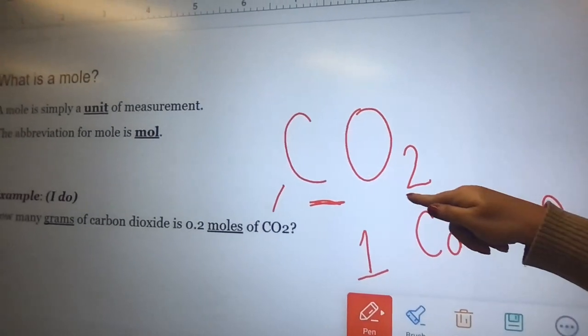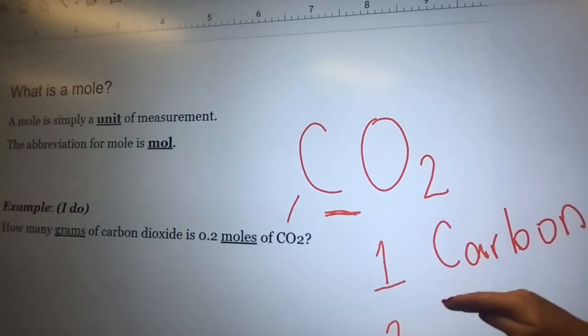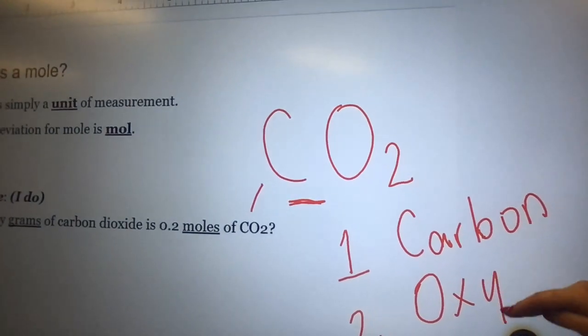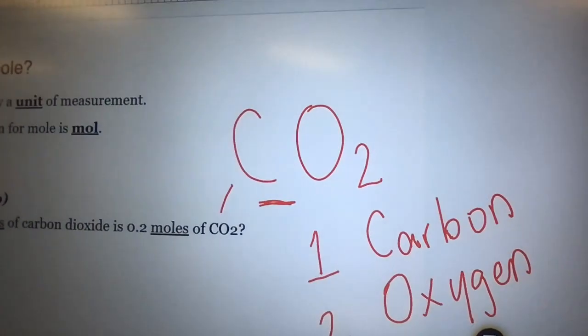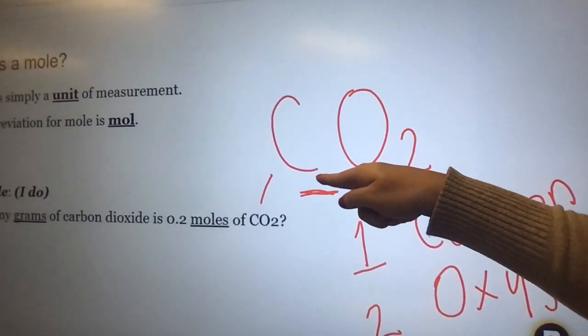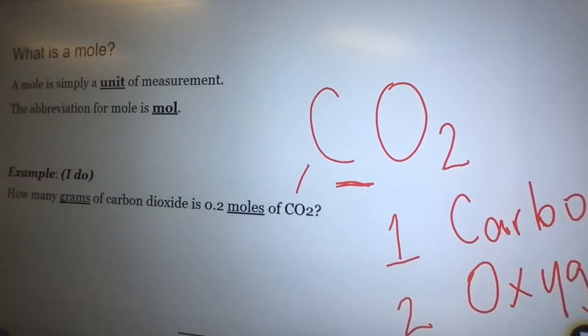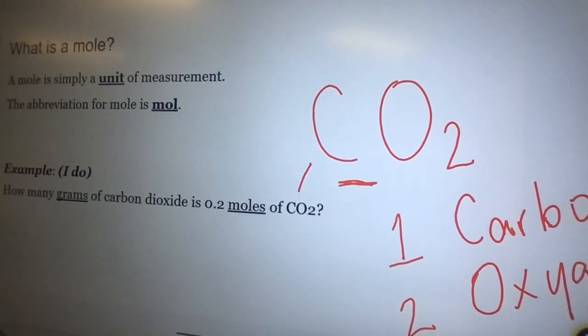And since you have two over here for oxygen, you're going to put here 2 oxygen. So make sure that you understand when there's no number after the element, that means that there's only one molecule of that element.